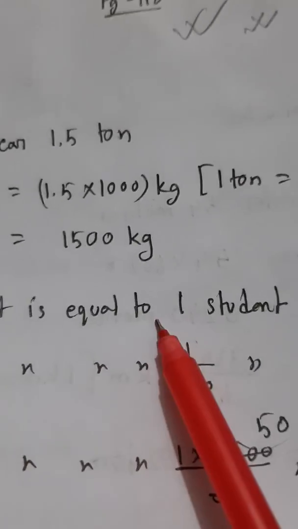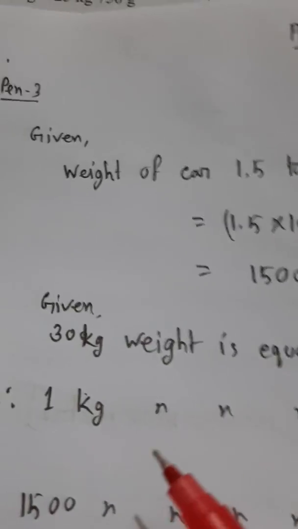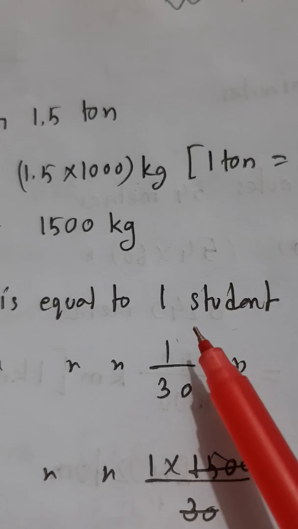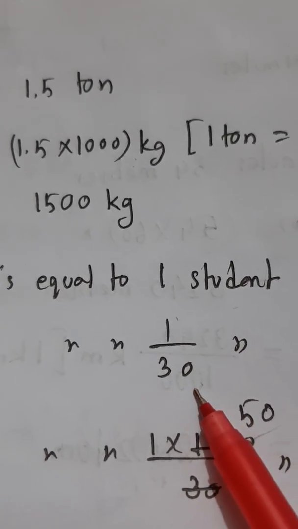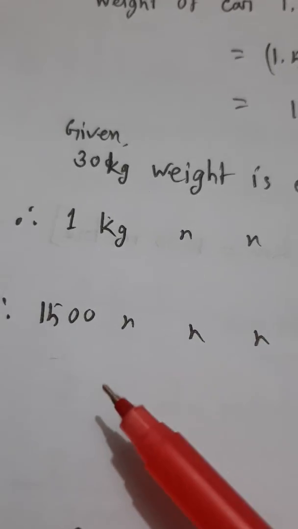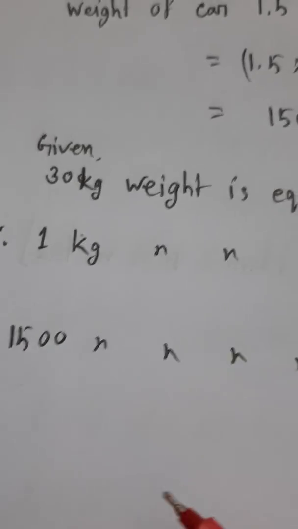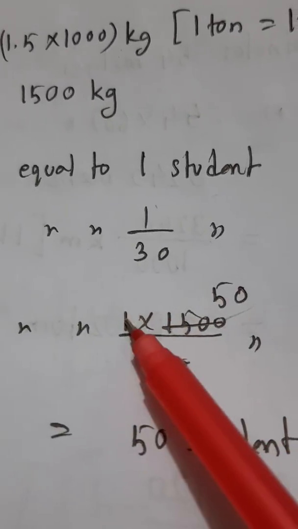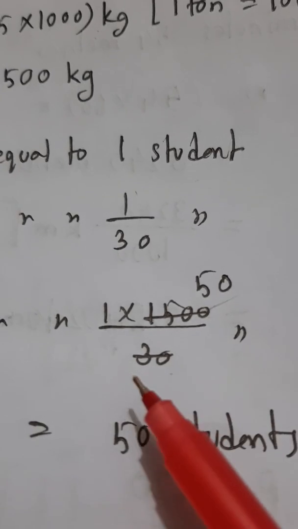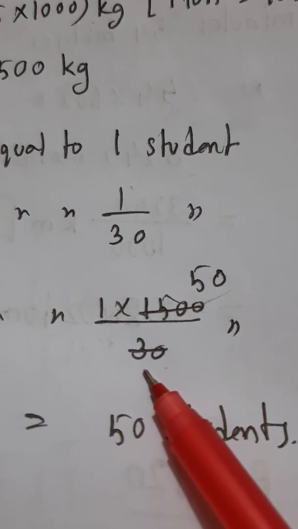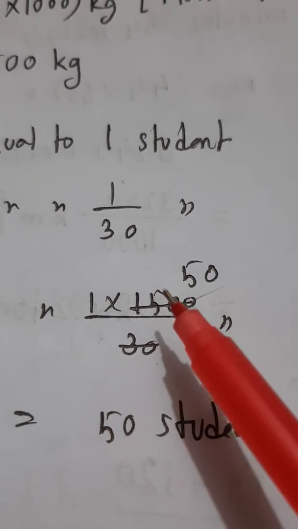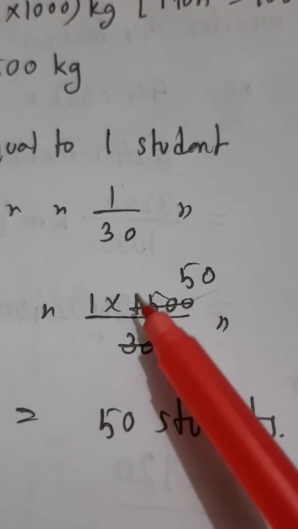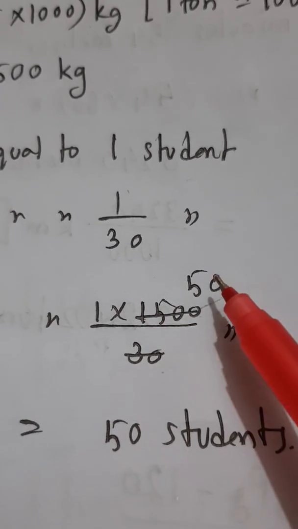Given 30 kg weight is equal to 1 student. Therefore, by the unitary method, 1 kg weight equals 1 by 30 student. Therefore for 1500 kg, we take 1500 divided by 30.